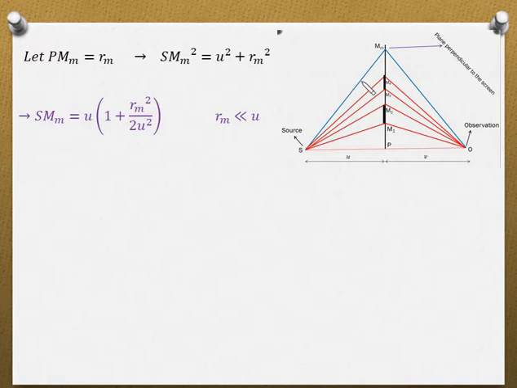Similarly, we can write OMM by this form. Here the similar assumption applies, that RM is much less than the distance between the zone plate and the point O.